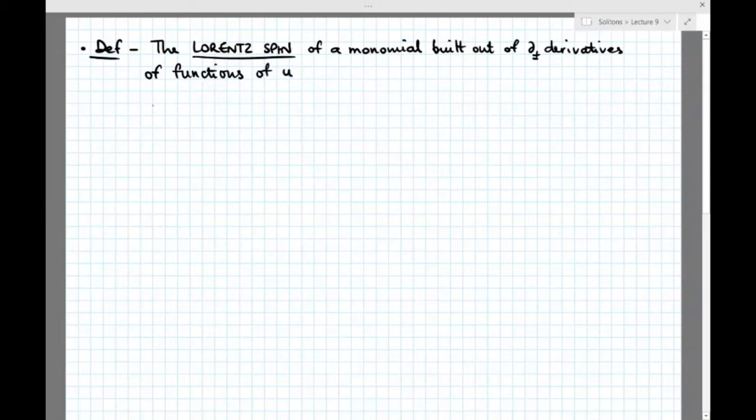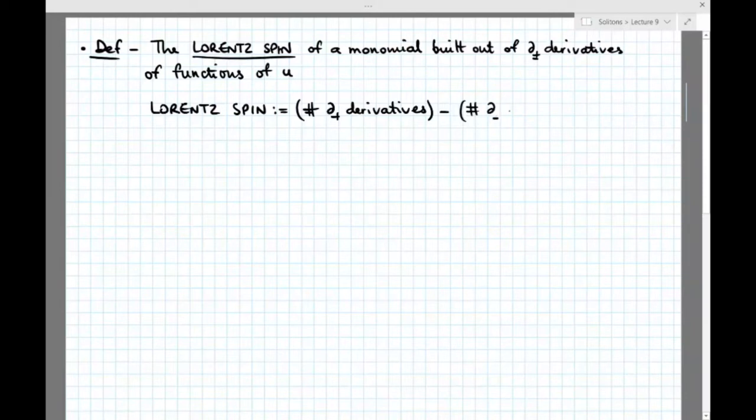We define it as follows. The Lorentz spin is equal to the number of x plus derivatives minus the number of x minus derivatives appearing in the monomial.